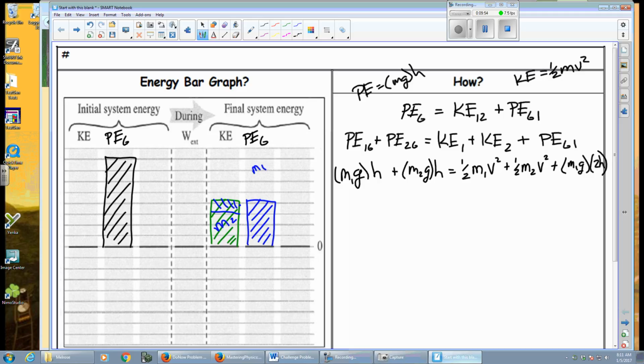So everything else to the left would be M1GH plus M2GH minus 2 M1GH. And that's going to equal 1/2 M1V squared plus 1/2 M2V squared. Is it minus 2 M1 on the left side? Yep.